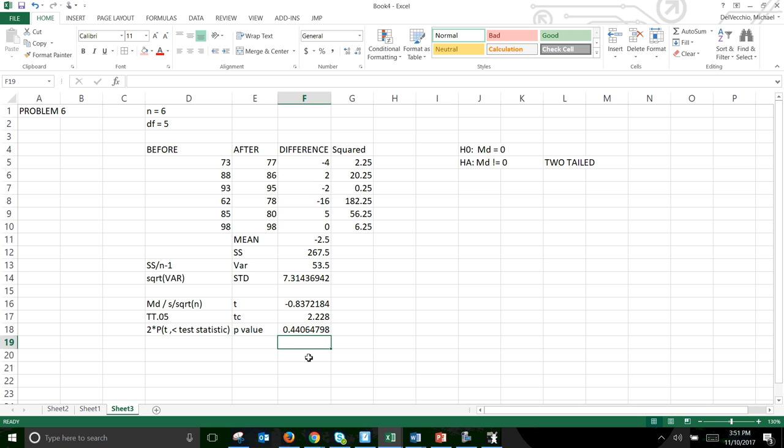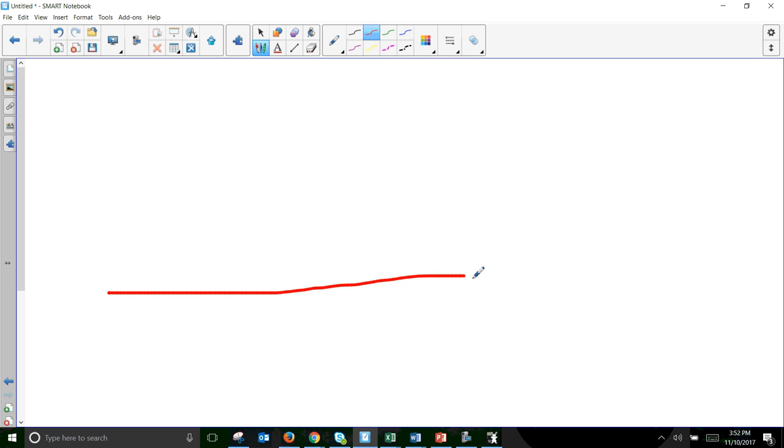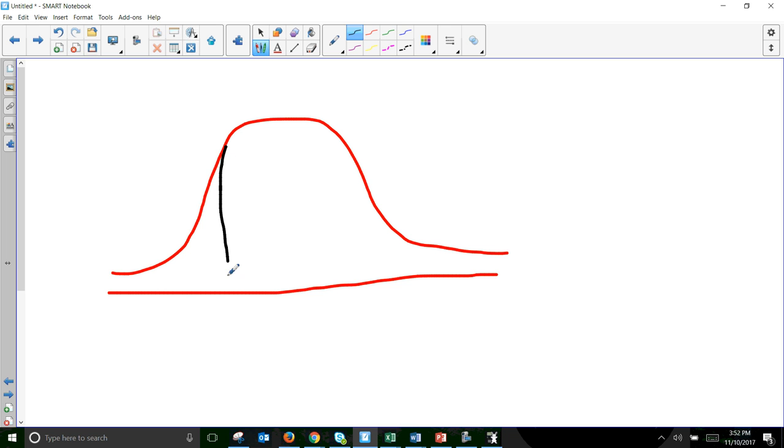Now, if we look at a picture, here we have our distribution. And if we use our test statistic, negative 0.83, and then here's one over here at 0.83.